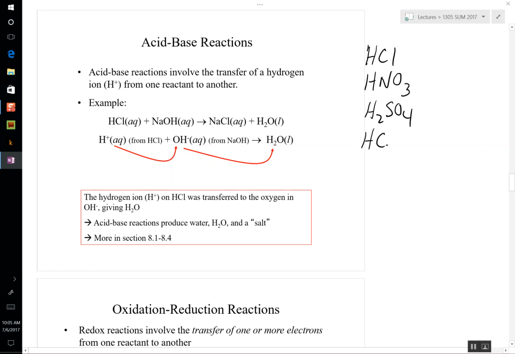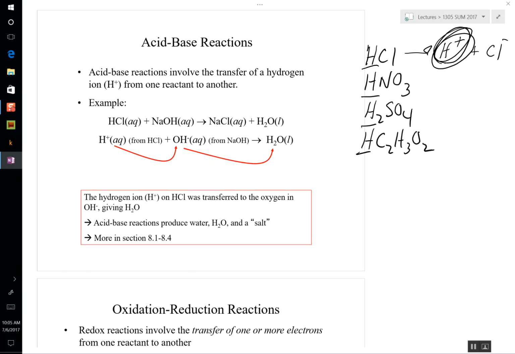This is acetic acid or vinegar. You see them leading with an H. That's your acid. This will go into water and form a hydrogen ion and a chloride ion. This is your acid. An acid is a compound generally that produces a hydrogen ion when it dissolves in water.